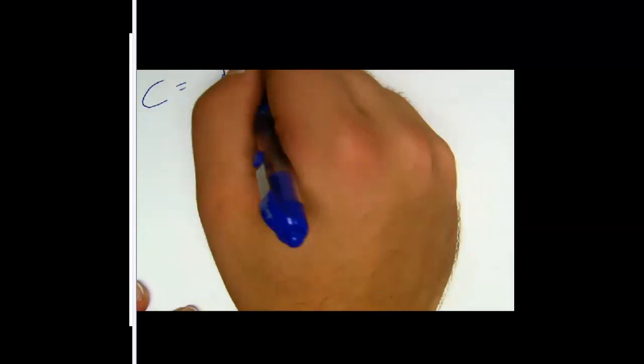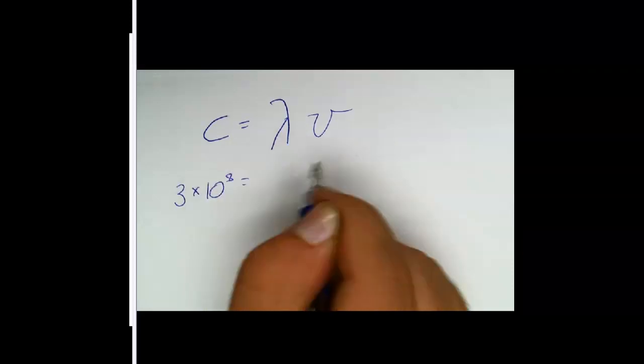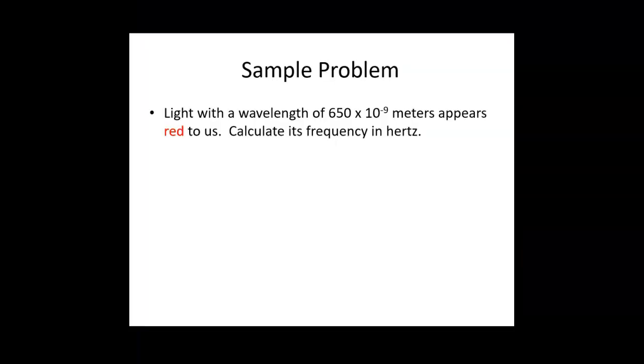Okay, so C equals the wavelength times frequency. Where C is always 3 times 10 to the 8th power. And the problem told us that the wavelength was 650 times 10 to the negative 9th meters.